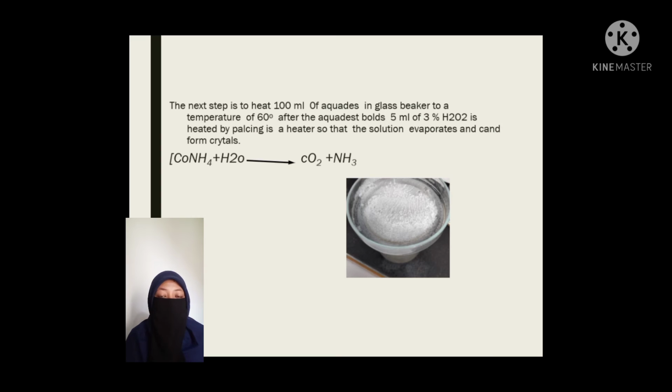The next step is to add 1000 ml of aqueous water in a glass beaker at a temperature of 60 Celsius. After that, 7.5 ml of 3% H2O2 is added so that the solution evaporates and can form crystals. CO(NH2)2 plus H2O2 results in O2 plus NH3.